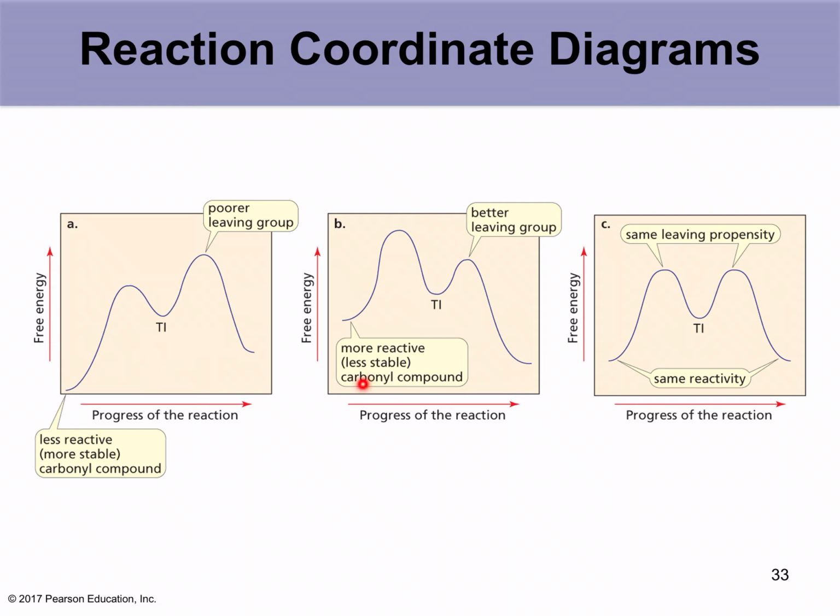Whereas if you start with a more reactive, meaning less stable, carbonyl compound with a better leaving group, it will give you a more stable product, which is an exothermic reaction, energetically more favorable, with less energy compared to the starting material. If the leaving group has the same reactivity, then you will have about the same energy for your reactants and products.